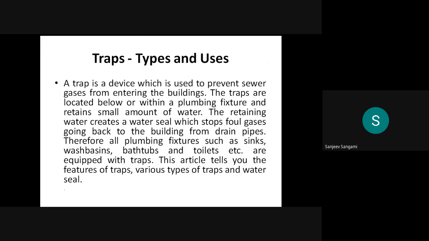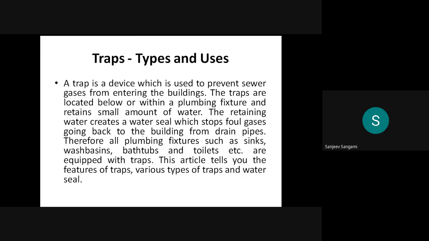Then different traps, types of traps and their uses. Of course, a trap is a device used to prevent sewer gases from entering the building. These traps are located below or within a plumbing fixture and retain a small amount of water.